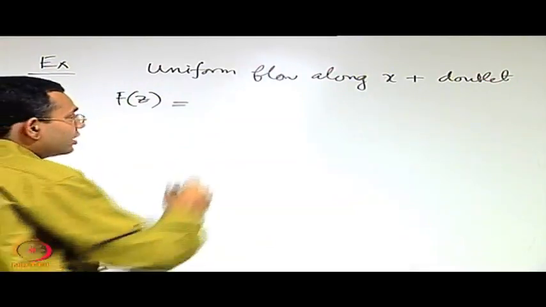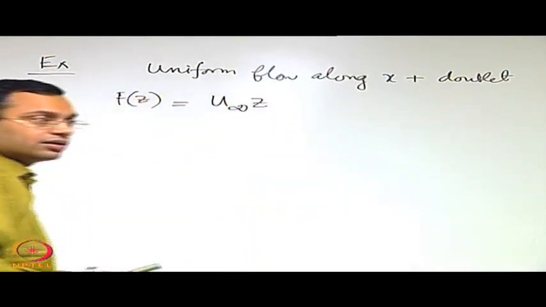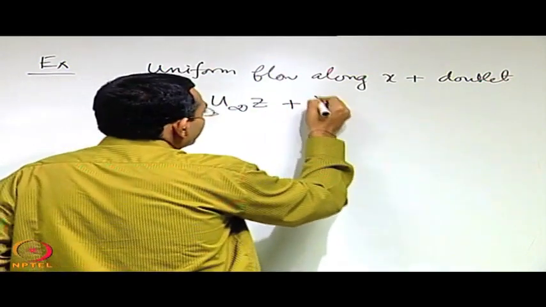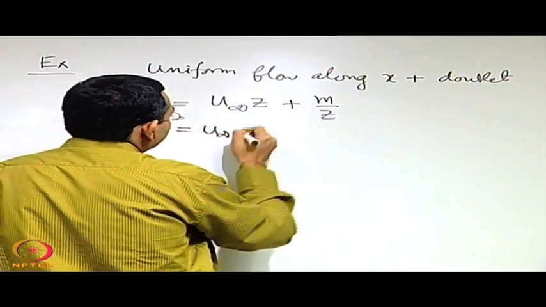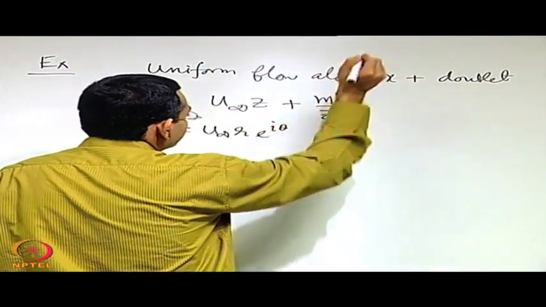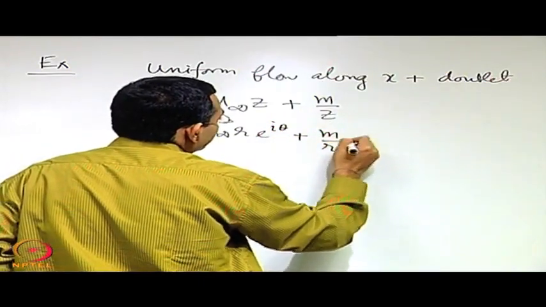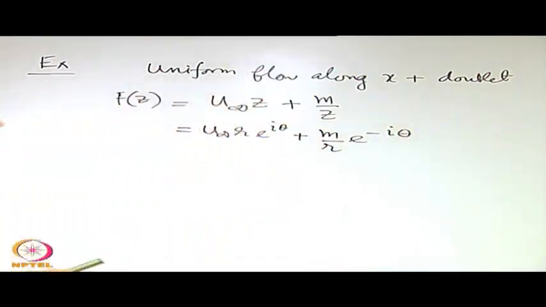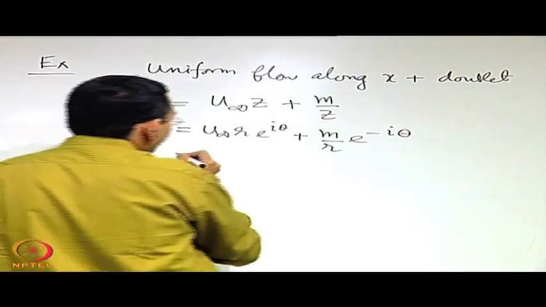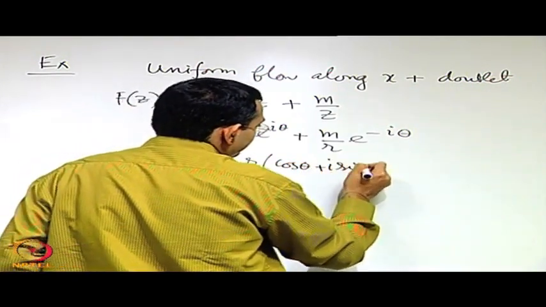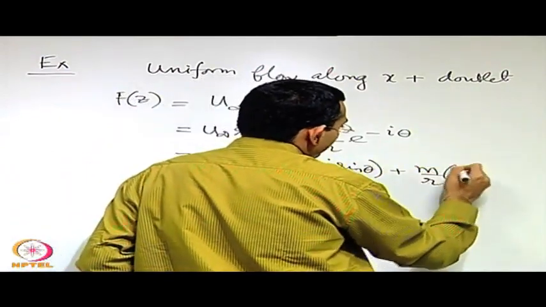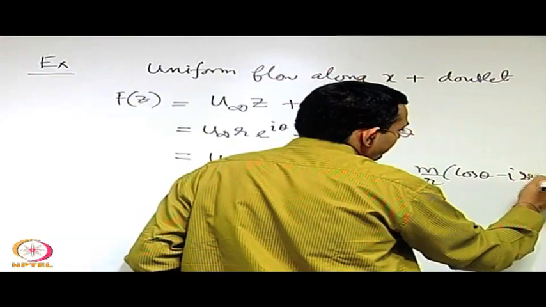First, due to uniform flow along x, that is u infinity into z, plus m by z, right. So this is as good as u infinity into r e to the power I theta plus m by r e to the power minus I theta, right. So u infinity into r cos theta plus I sin theta, plus m by r cos theta minus I sin theta.